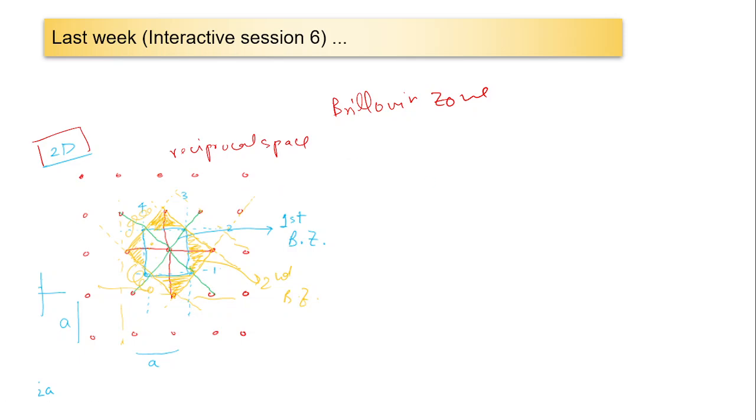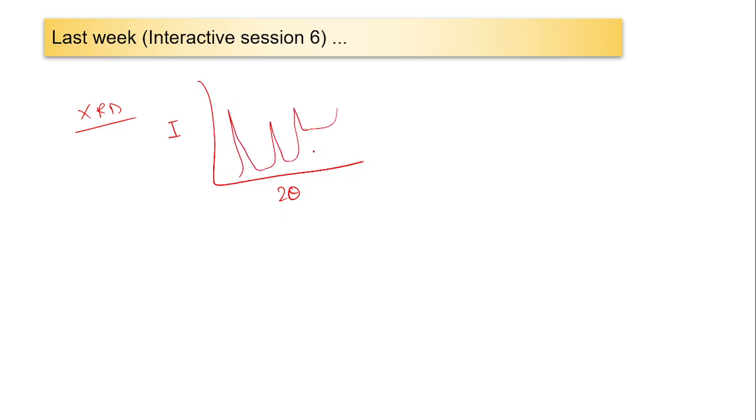After that, we went to another topic, which was about when we carry out the XRD experiment, we see a 2 theta versus intensity graph or data, and we see some sort of peaks there. So these peaks give us a lot of information about the type of material whose XRD we are taking.